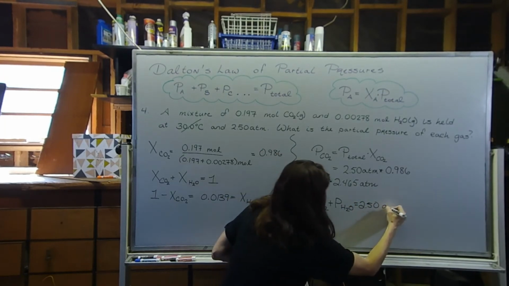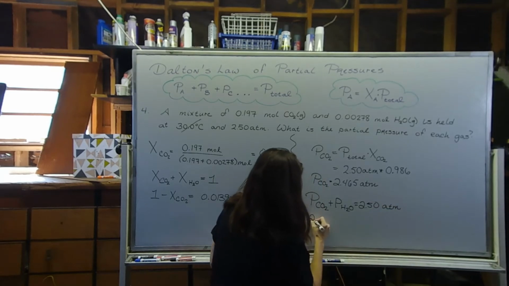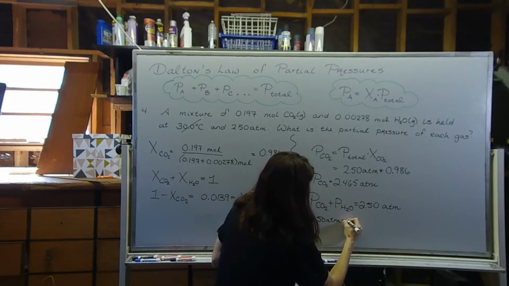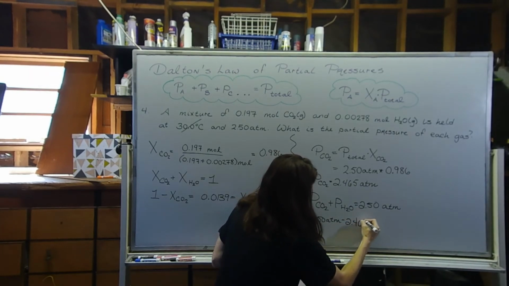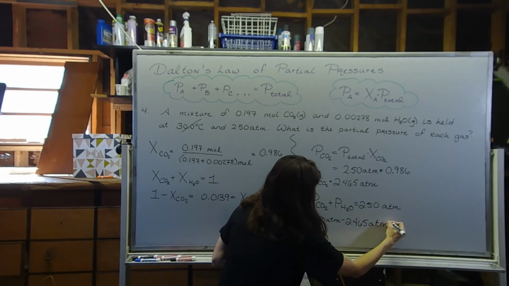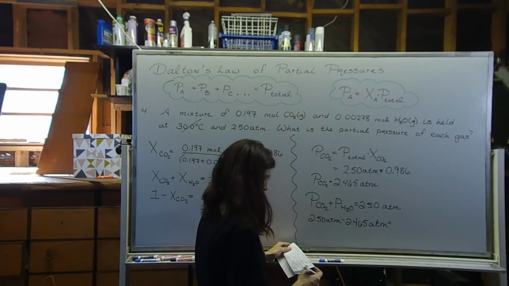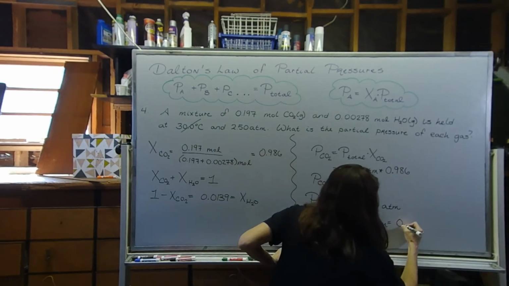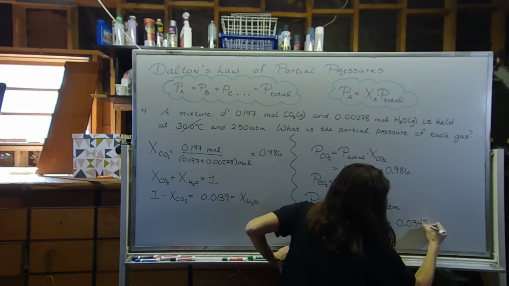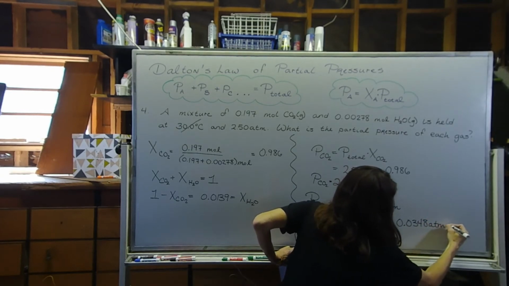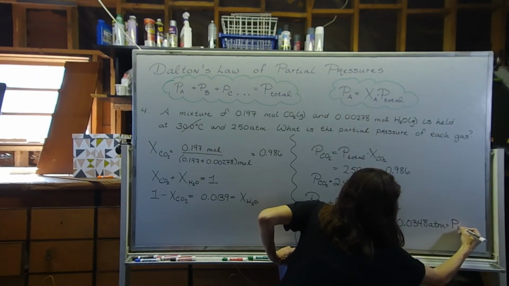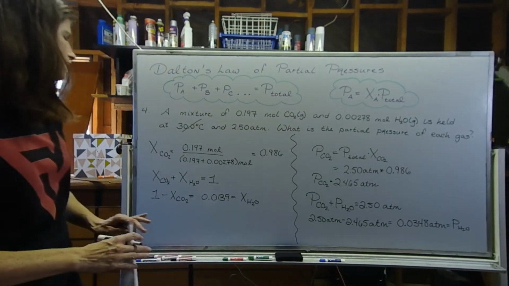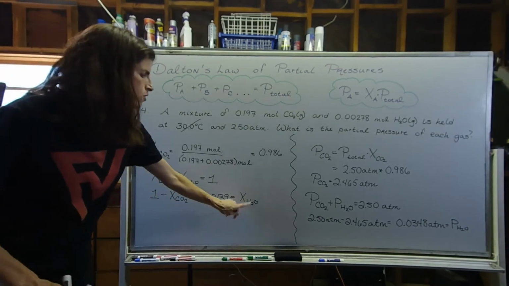So if we do 2.50 minus our previous answer, the 2.465 ATMs, then we get 0.0348 ATMs, which will be our partial pressure of our water vapor. Again, now that I'm looking at this, I did calculate it both ways, and that's how I used this value.